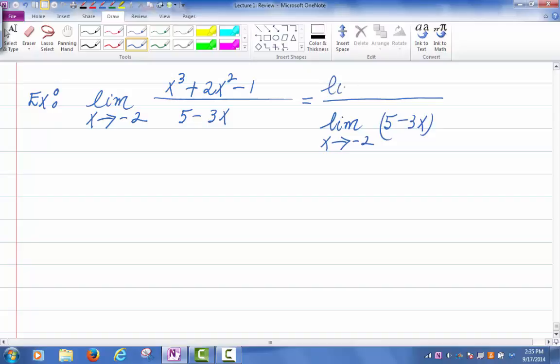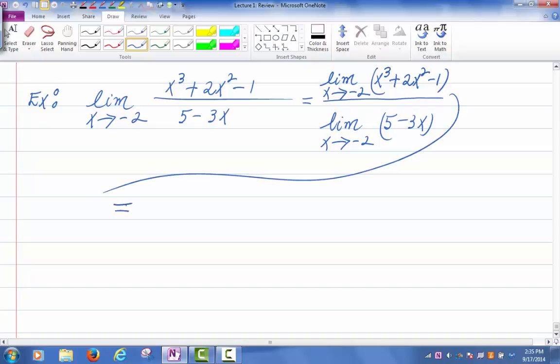So here I take the limit as x goes to negative 2 of x cubed plus 2x squared minus 1, and that is equal to what?